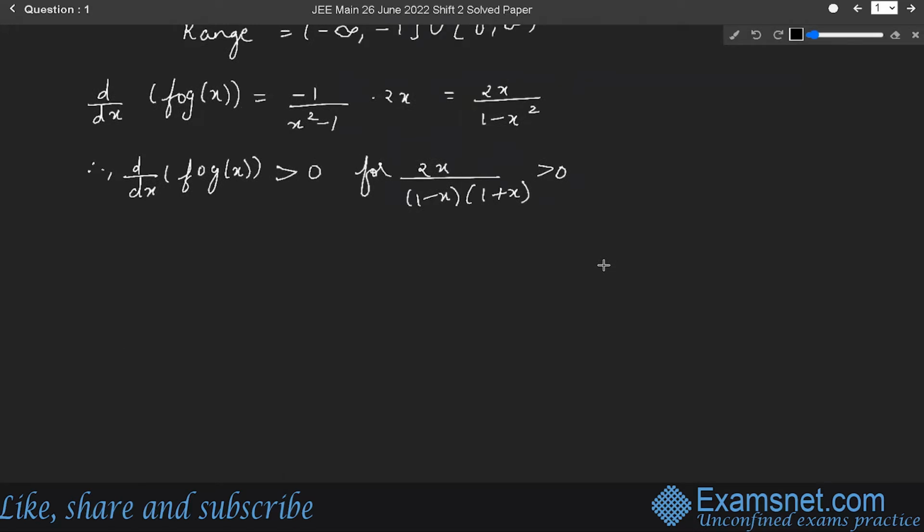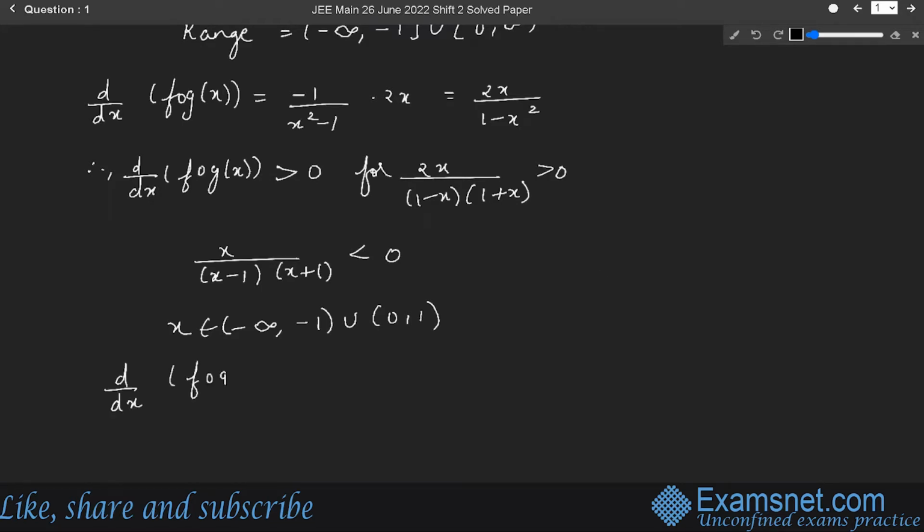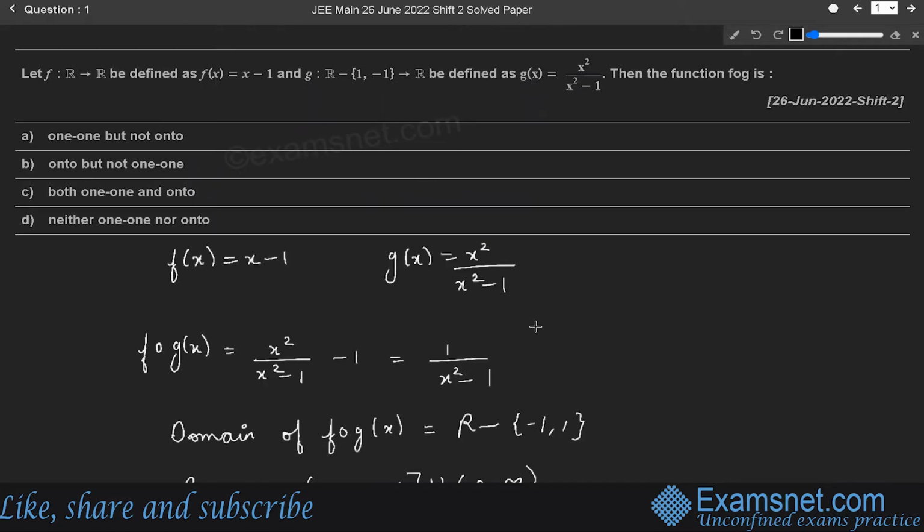It implies that x/((x − 1)(x + 1)) is less than 0. Therefore, x belongs to (−∞, −1) ∪ (0, 1), and we can say that d/dx of f(g(x)) is less than 0 for x belongs to (−1, 0) ∪ (1, ∞). Therefore, f(g(x)) is neither one-one nor onto. So the correct option for this question will be option D here.